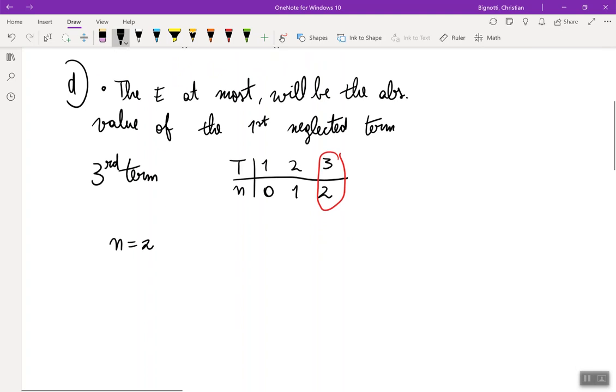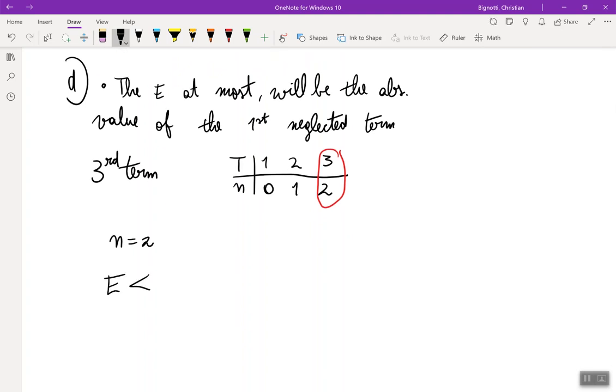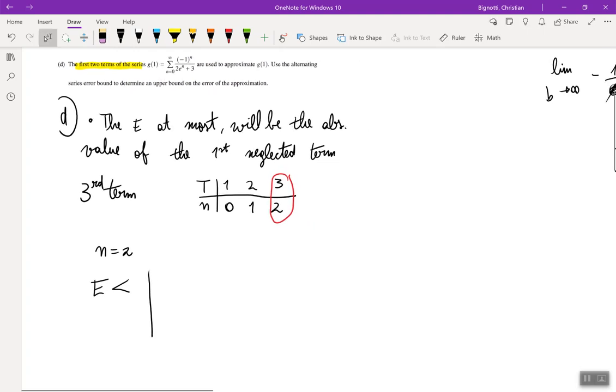We say the error is at most the absolute value of that, which is (-1)^2 over 2e^2 + 3. Remember, this is important: n is not 3, it is 2.